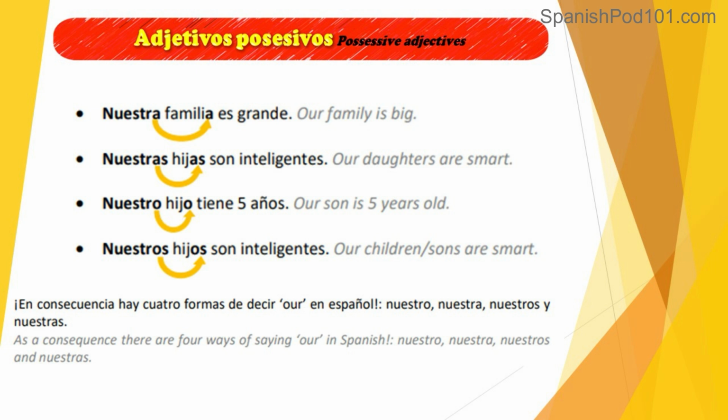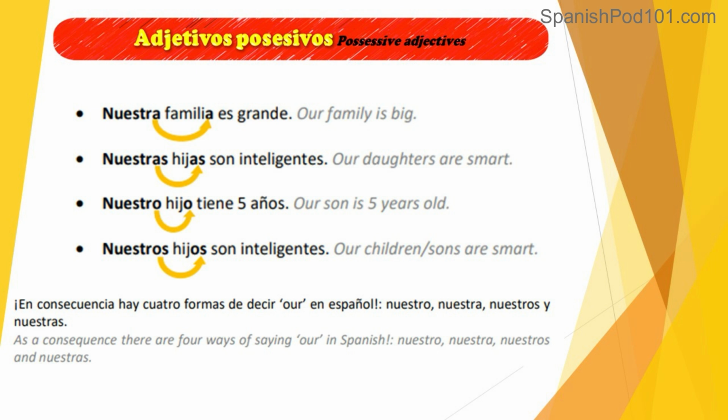So even if we are saying nosotros, which is masculino, we have to say nuestra familia, because familia, what we are owning, is singular and femenino. It's incorrecto to say nuestro familia.